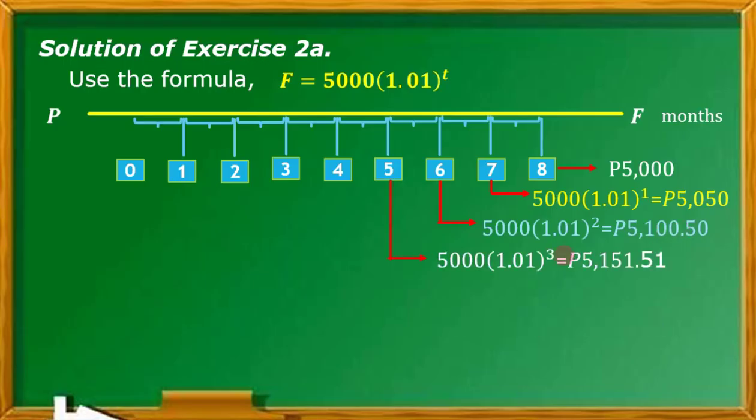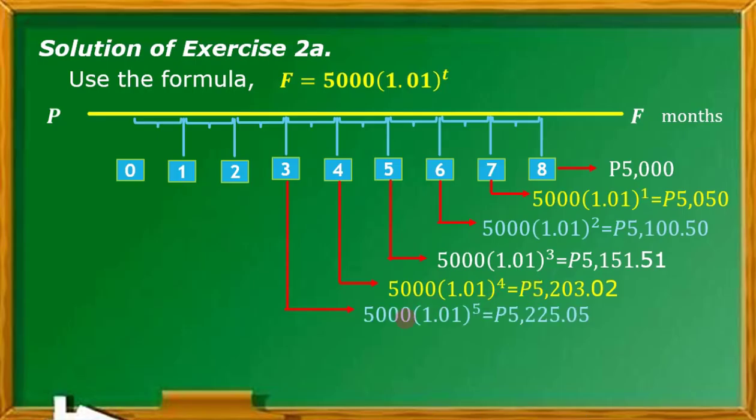At t equals 3, following the formula, we have 5,151.51. At t equals 4, we have 5,203 and 2 centavos.